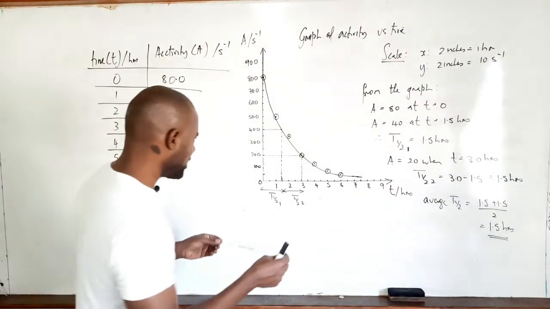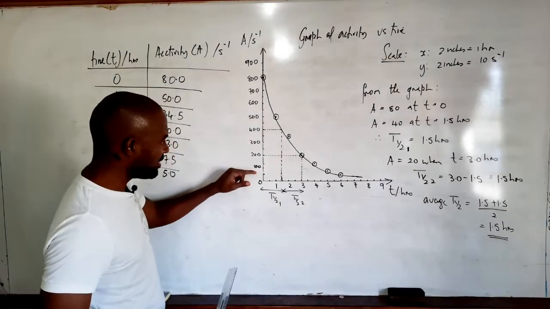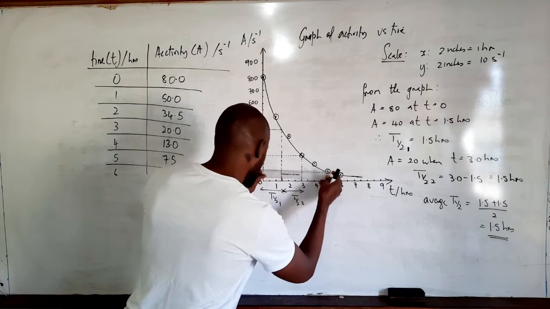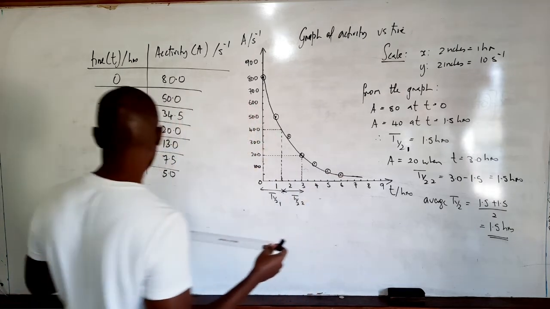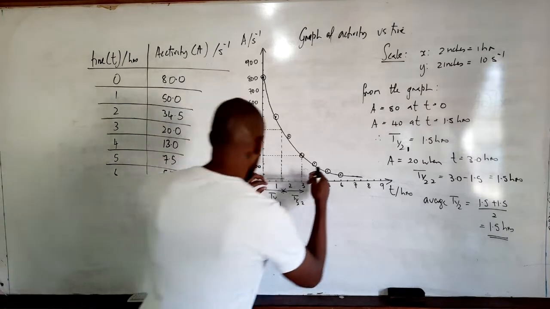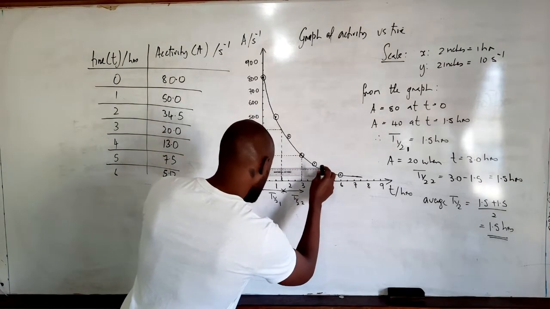So if we were to go ahead and do that, a half of 20, that is 10, we then take our ruler and go across until we meet the curve. And well, we don't have the value of 10 on this, so let's see where that takes us.